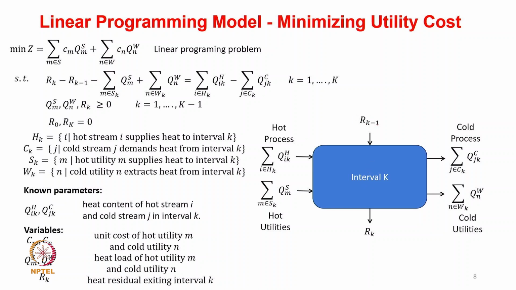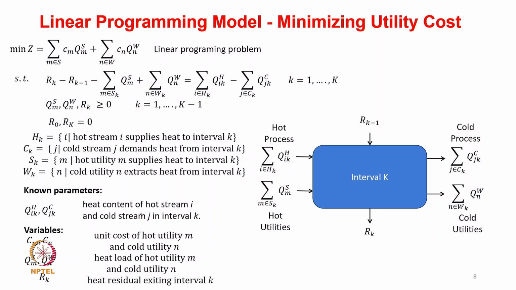A residual Rk minus 1 is the residual that is coming from the previous interval, and Rk is the residual that is going out. You have hot processes on one side and cold processes on the other side. Look at those variables.